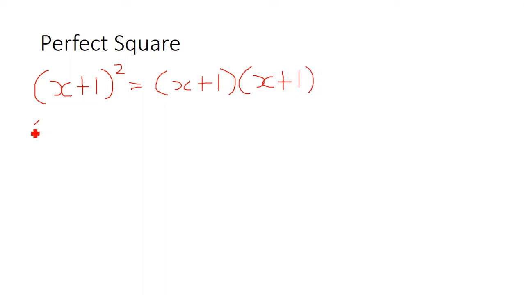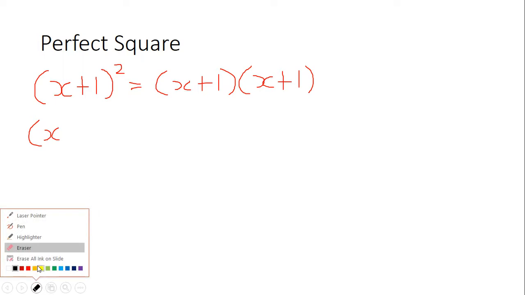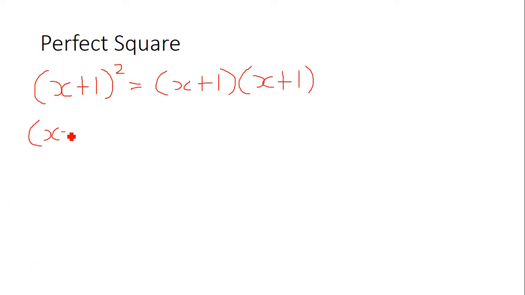And then we can also have x minus 1 all squared. So this is what I mean when they say perfect square. Something looking like this. x plus 1 all squared, or x minus 1 all squared, that's going to be x minus 1 times x minus 1.